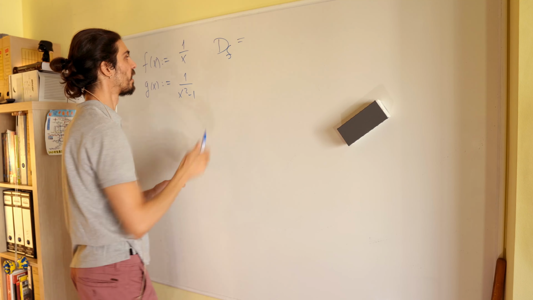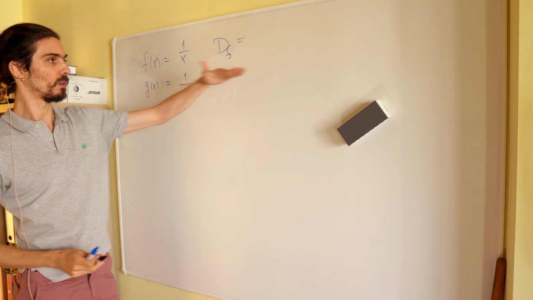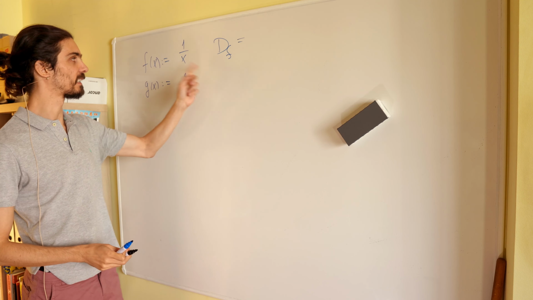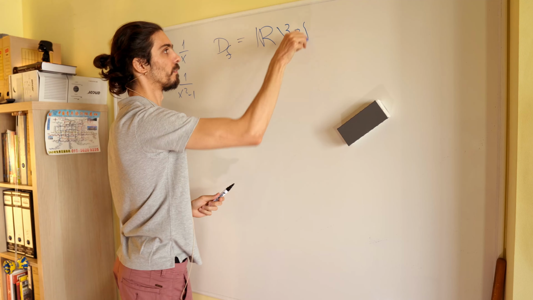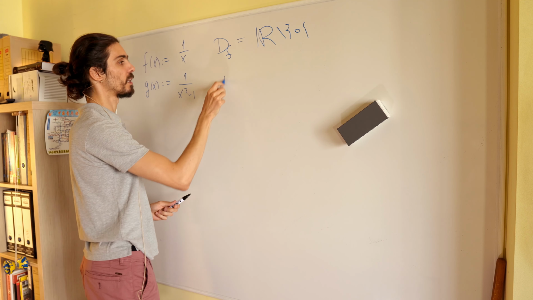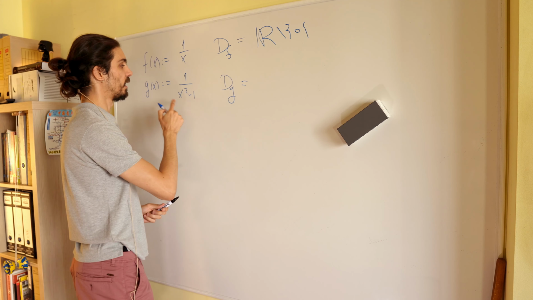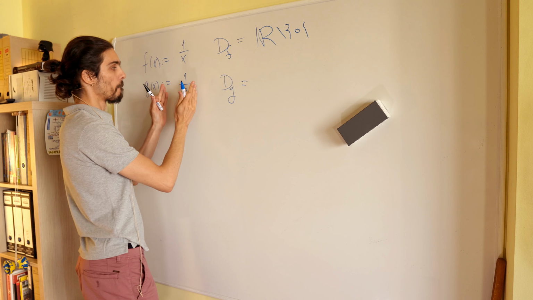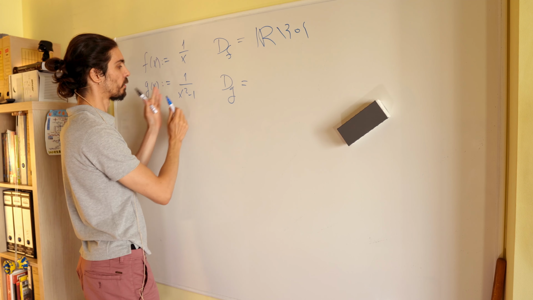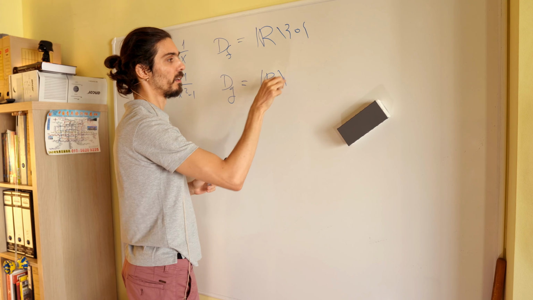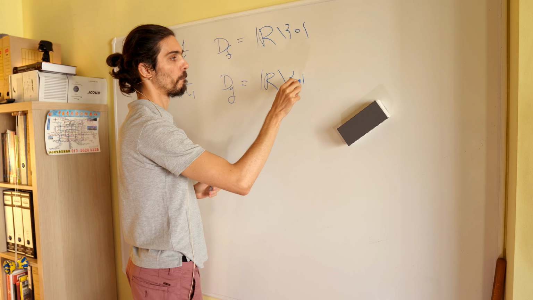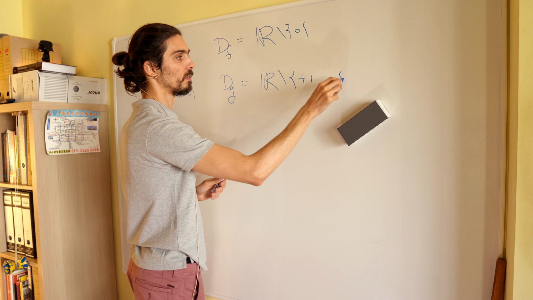Well, you already know. It's all those x's on the horizontal line, except those at 0. So it's R excluding 0. The largest domain for this g is all those x's that prevent the denominator from being 0. So either plus 1 or minus 1. So it's R excluding plus 1 and minus 1. Okay?